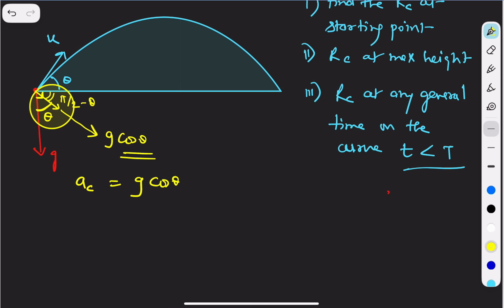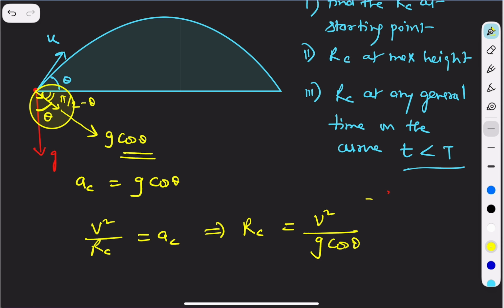So v square by rc will be equal to AC. From here, rc will be equal to v square divided by g cos theta. So this will be the radius of curvature of this part. Now coming to the second part.